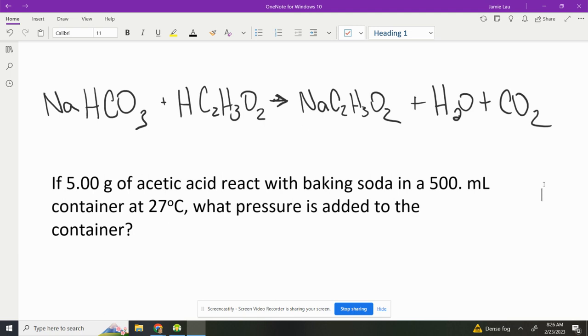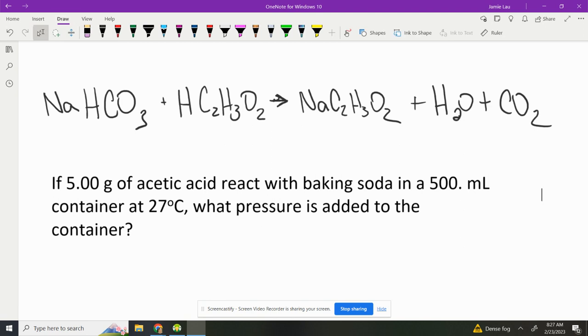Okay, so let's think this through. The pressure is going to come from what? You can only use PV=nRT for gases. So what compound is our gas? Vinegar?